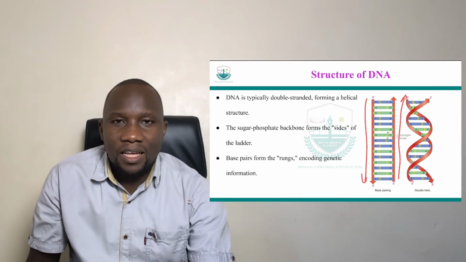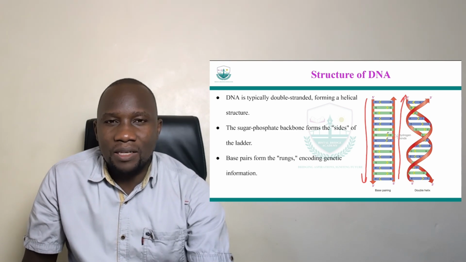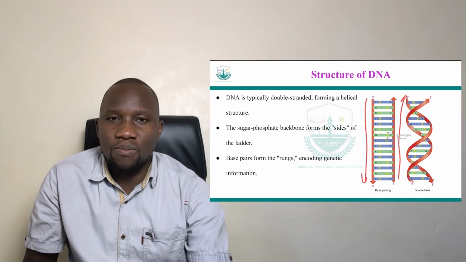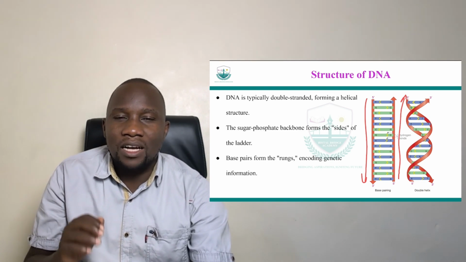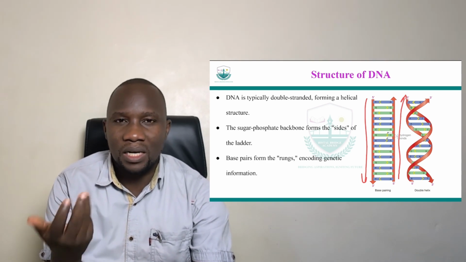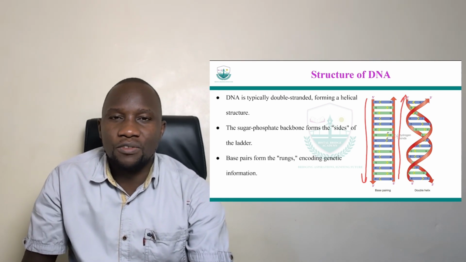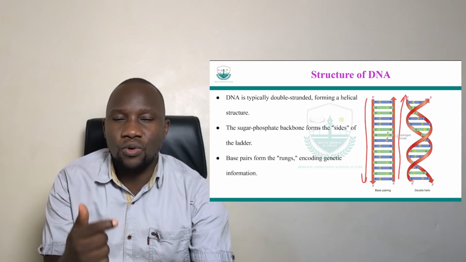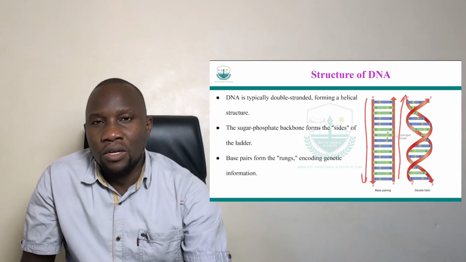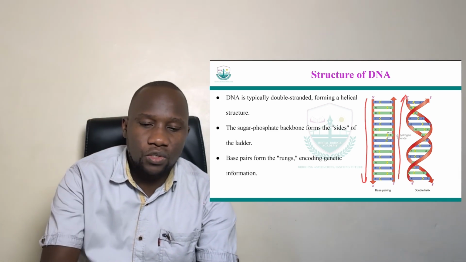But if we just say that the DNA is basically like a ladder, it may not be absolutely true, because the ladder-like structure goes on twisting around the two strands. So one strand moves around the other. So we have what we call a helical structure.